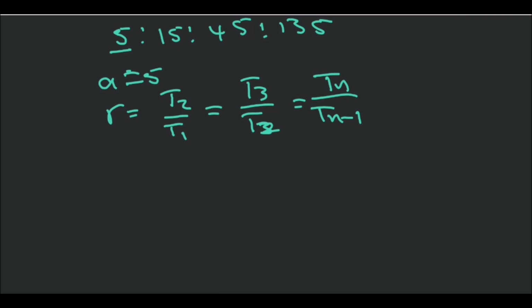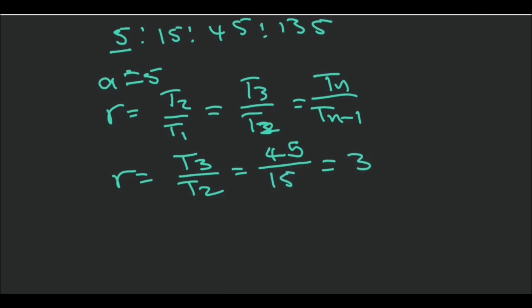Let's use T3 divided by T2, which is equal to 45 divided by 15. All right, so we get a 3. So we would get the same value if we divided T2 by T1 because it's a constant or a common ratio.